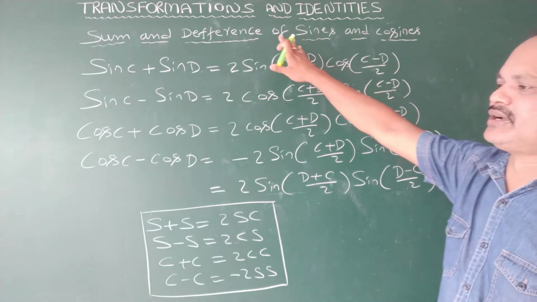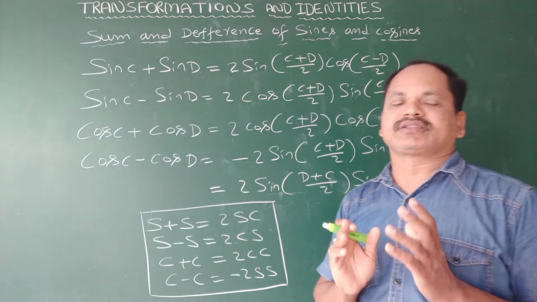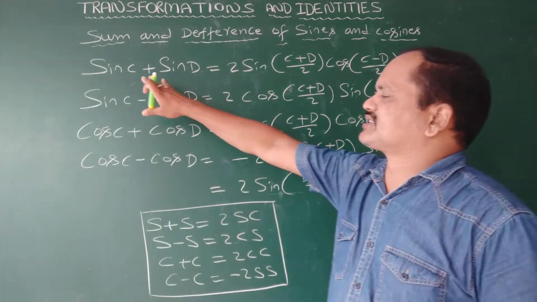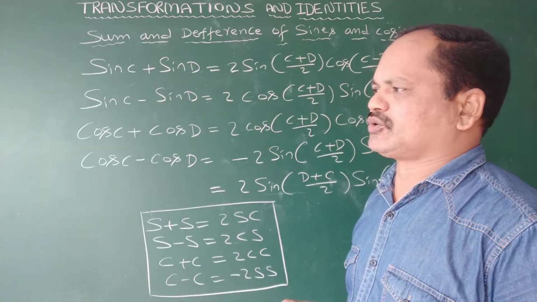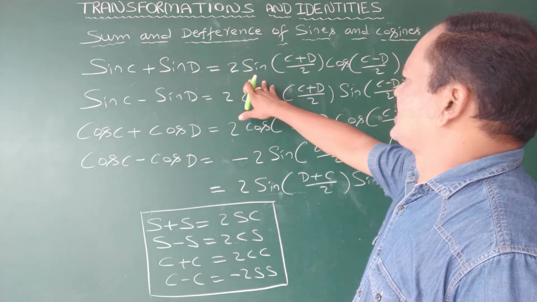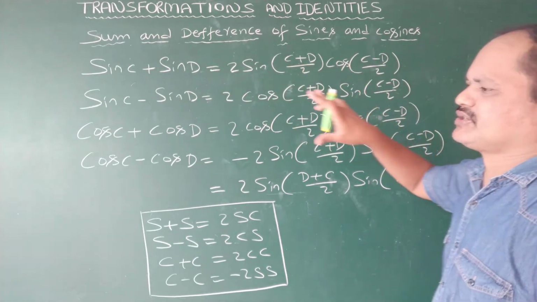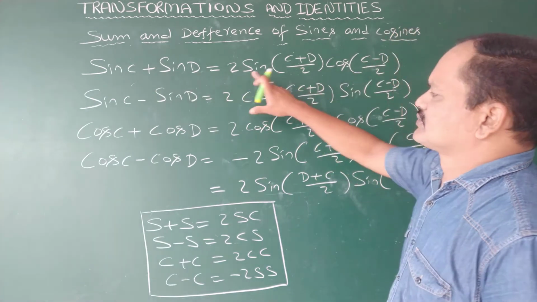That means sum and difference of sine functions and cosine functions. Suppose we take C and D as angles belonging to R. Then sin C + sin D is 2 sin((C+D)/2) cos((C-D)/2). That means the sum of these two represents a product.